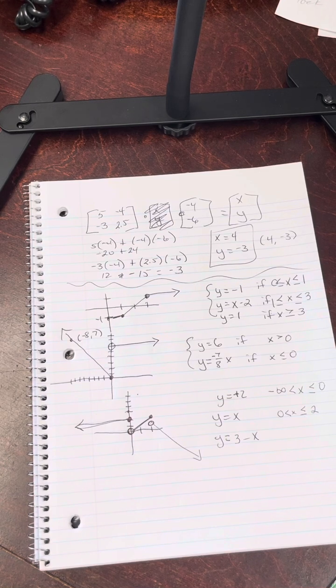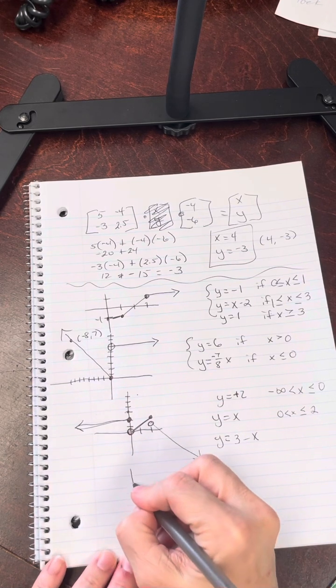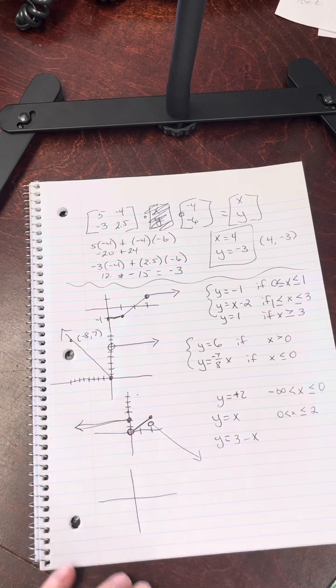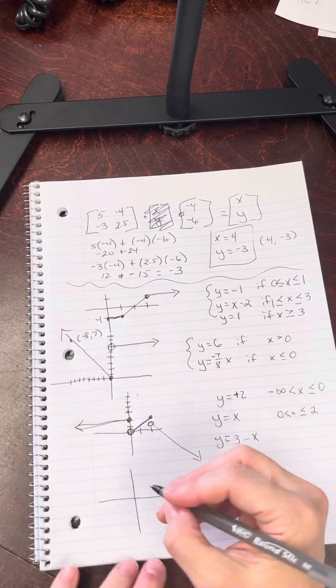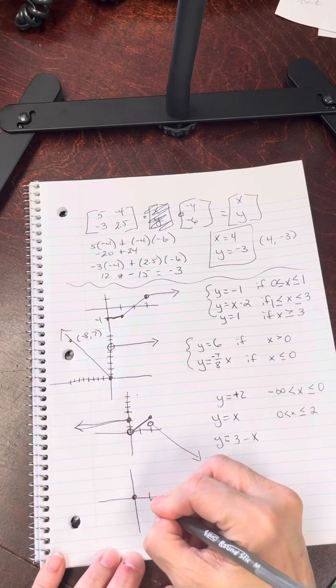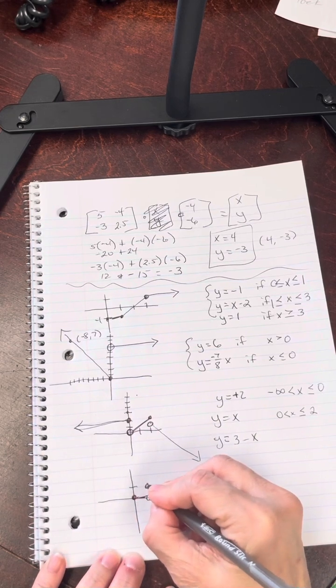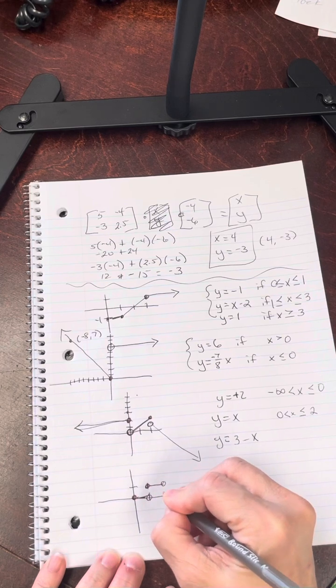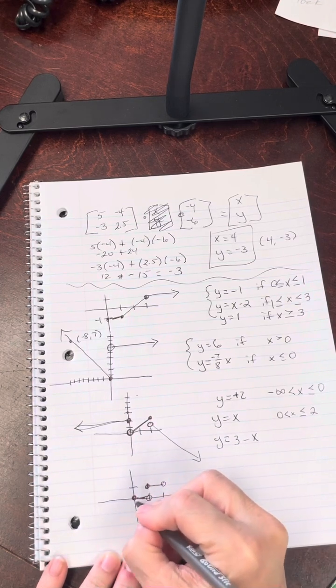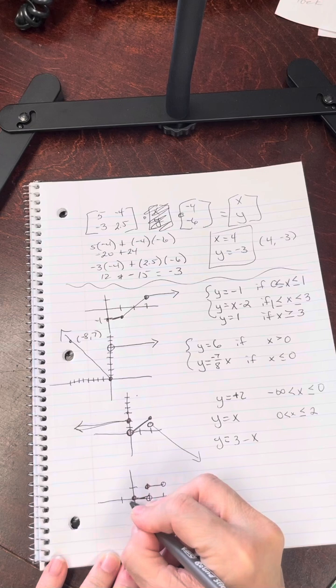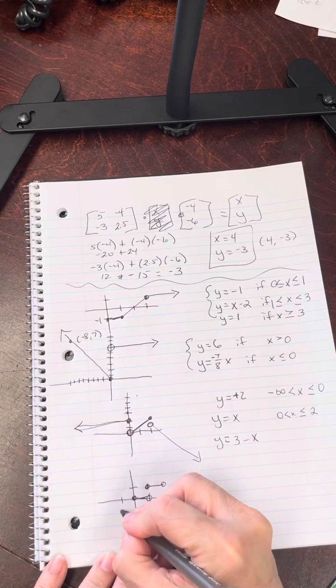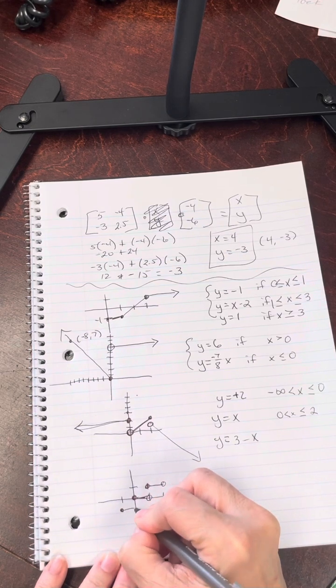Now, part B is greatest integer function. And you see this very weird looking graph that is the greatest integer function. I'll show you what the graph looks like, and then we'll talk about what it means. I'm not going to do a whole bunch of these, but I will do one down in the negatives. There we go.